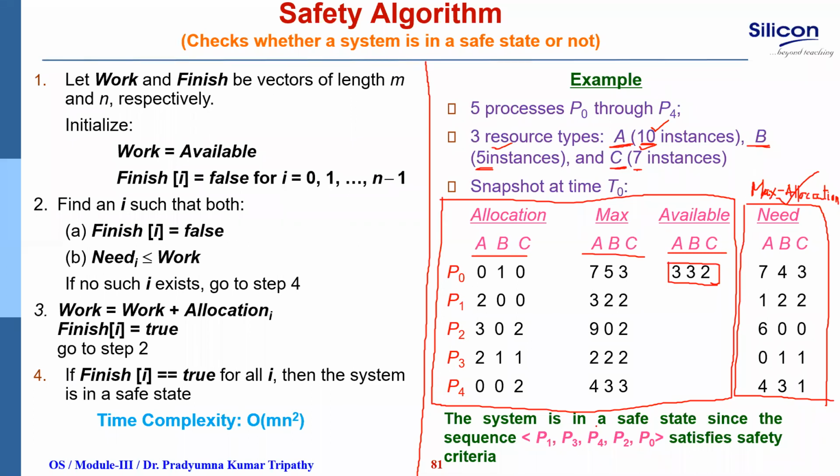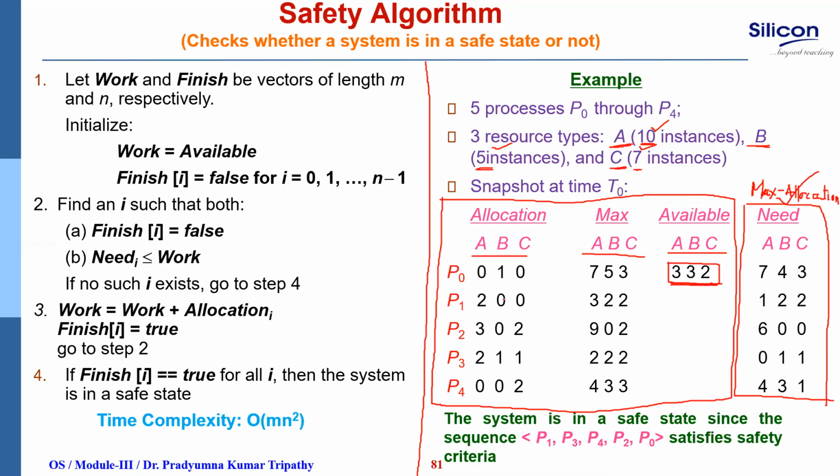Okay. So now what to do? See, this number of resources are now available with me. Right? I have 3 number of A, 3 number of B, and 2 number of C available with me. Now I will go on checking whether with these available resources I can satisfy any of these processes.